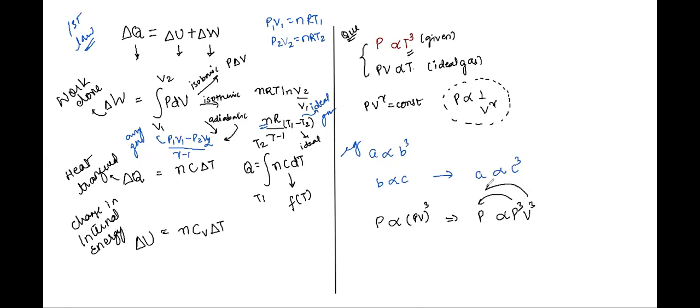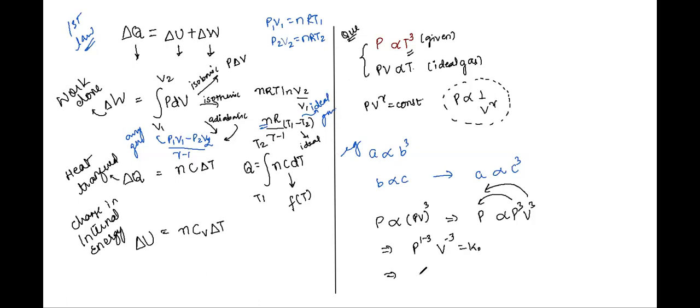So we'll have P raised to the power 1 minus 3, and V raised to the power minus 3, is a constant. Can we do this, Karuna?